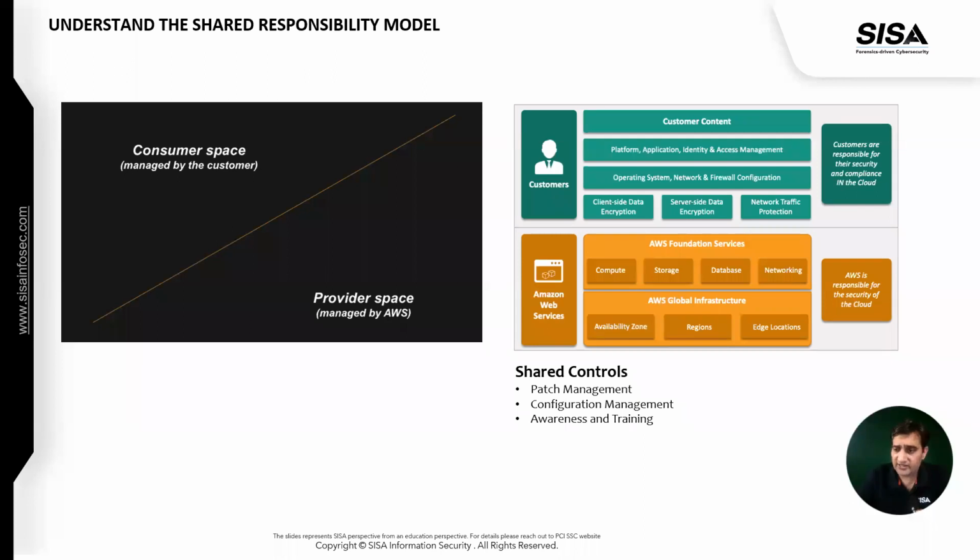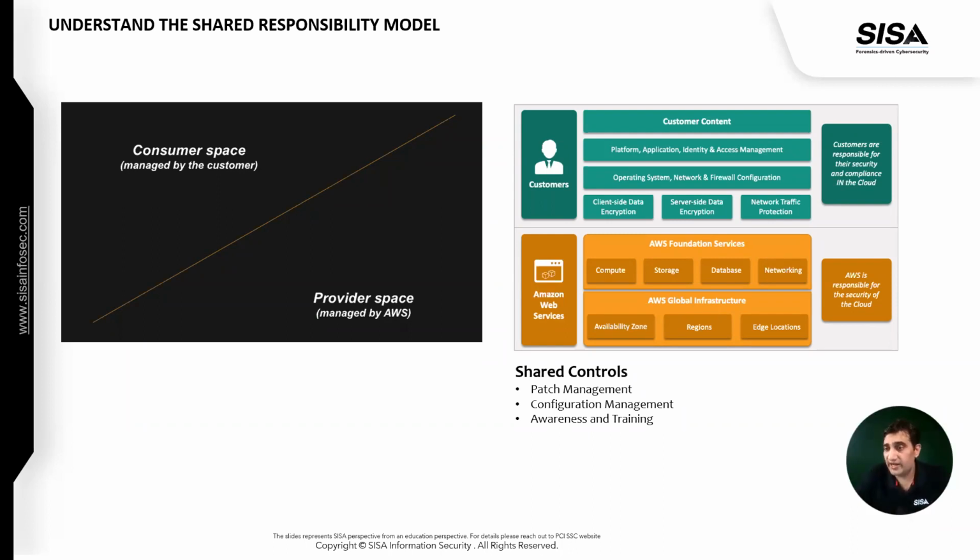The underlying infrastructure needs to be configured well, and the cloud service provider manages this. But what about the configuration on top of the stack? That is where the cloud customer has to act, right? Awareness: cloud service providers may train their employees on all these kinds of things, and you have to train your employees on the same things, right?